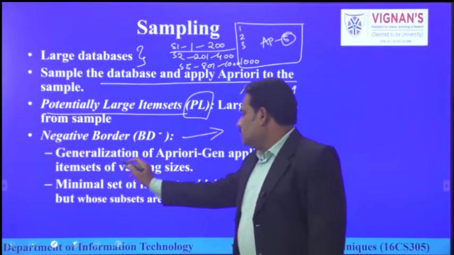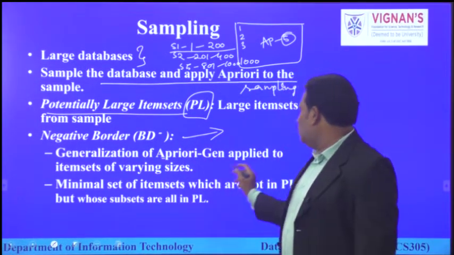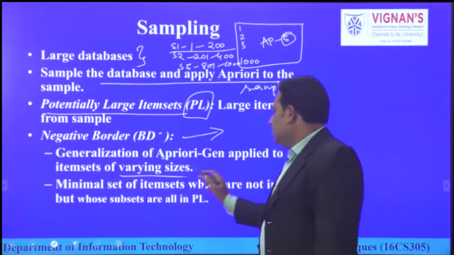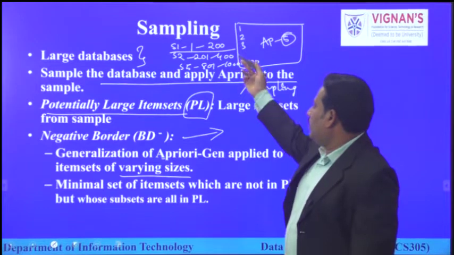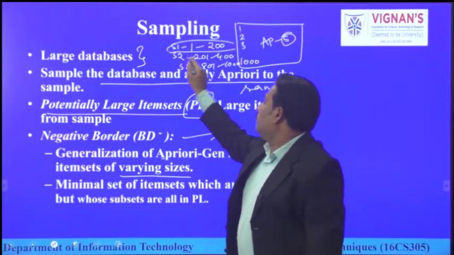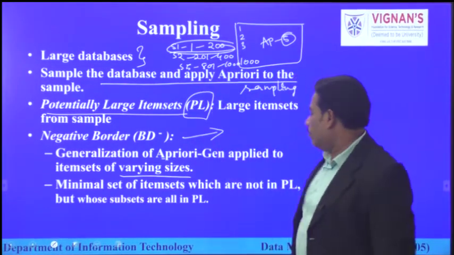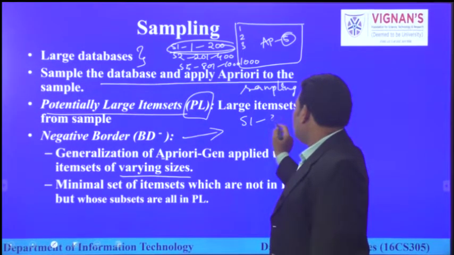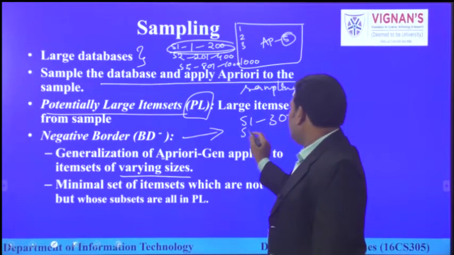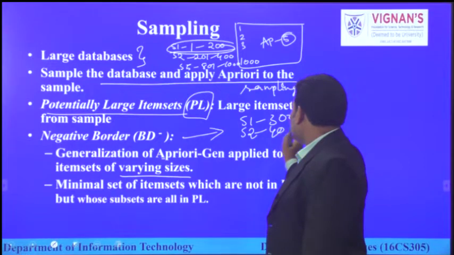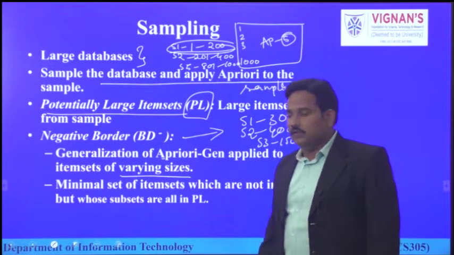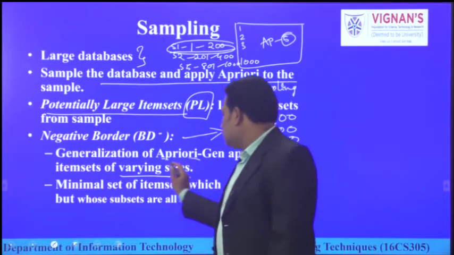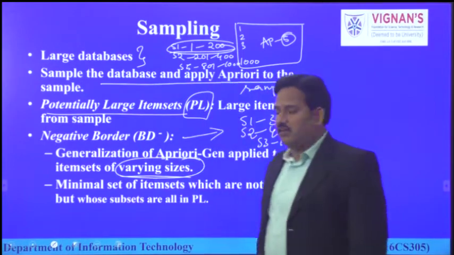Now here, generalization of Apriori is applied to all item sets of varying sizes. Here we took only a fixed size. It is not mandatory that we divide the sample only for a fixed size. We can go for random sizes, like sample 1 may have 300 transactions, sample 2 may have 400 transactions, sample 3 may have 150 transactions. There is also a possibility of applying sampling this way, with varying sizes of the sampling.